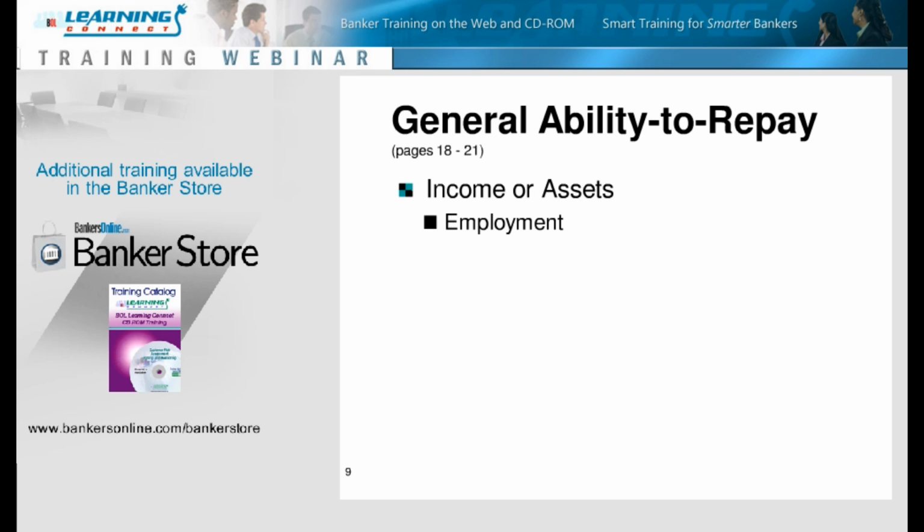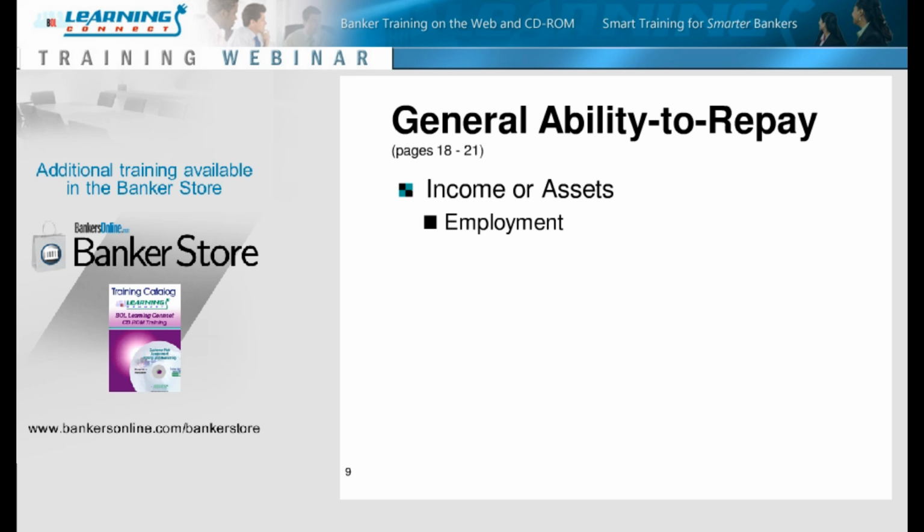There's a rate trigger, there's a points and fees trigger, and there's a prepayment penalty trigger. So if you have a HELOC that trips one of those triggers and is a high-cost mortgage loan HELOC, then there are repayment ability provisions.